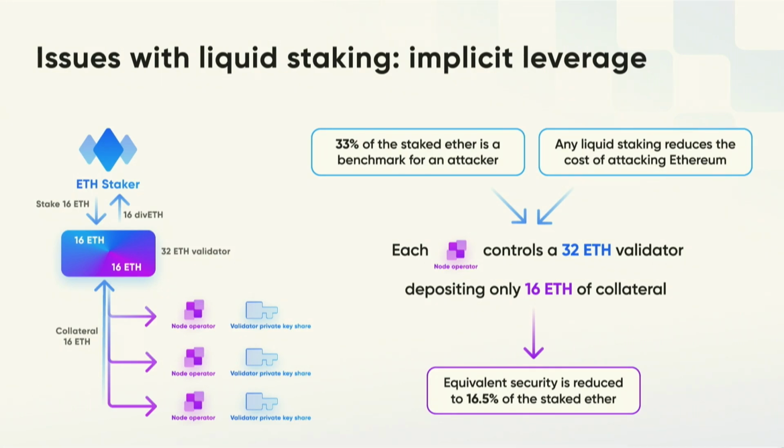So you have basically a power of attack of 32 ETH with only 16 ETH at risk, which means that someone that deposits half of that is risking only 16.5% in the case of 16 to 32 ratios, while controlling still the 33% attack, which is a benchmark for the previous attacks that I mentioned before. So this basically makes everything cheaper depending on the collateral and must be considered.